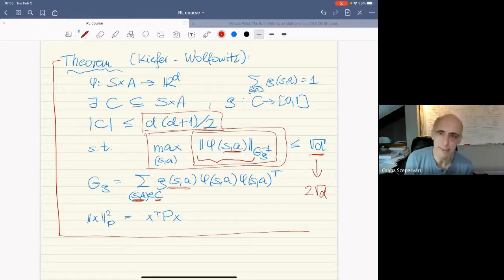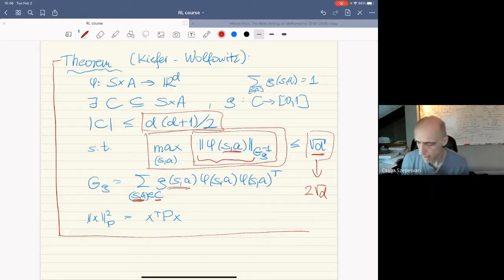It also says that no other design can do better than this. So if you want to run weighted least squares, then this square root of d is exactly the value you can get. There is an equality here if you consider all possible sets C and all possible distributions rho.